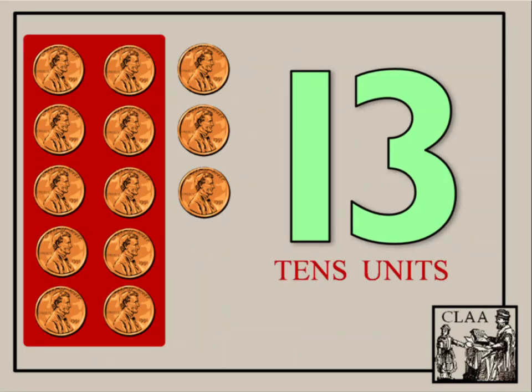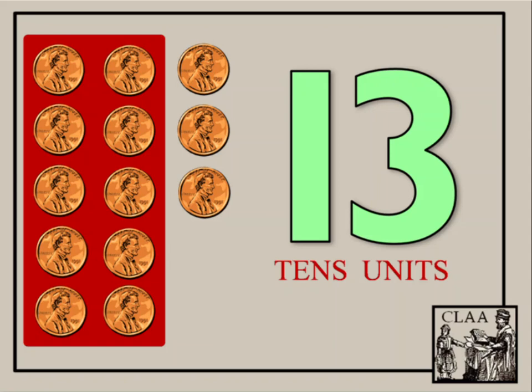Writing the number 13 will be no problem if we know how to write 10, 11, and 12. All that we need to know are how many sets of 10 there are and how many units are left over. When we count the number 13, we count one set of 10. That's marked by the red box.